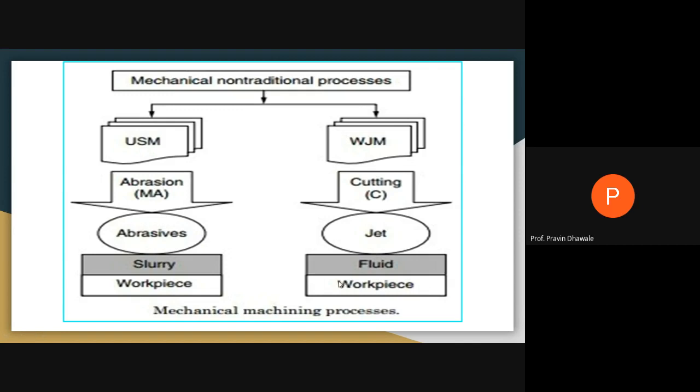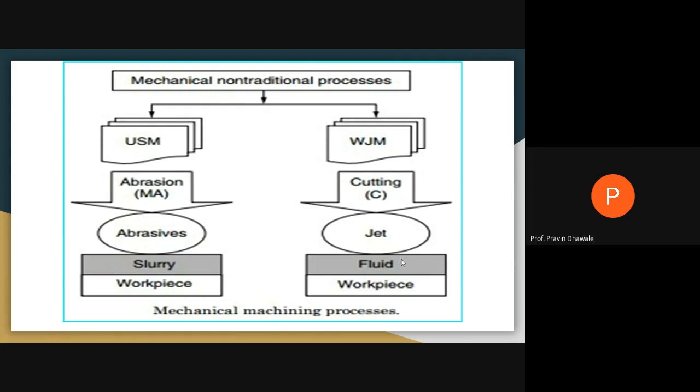To remove the material, we require a certain kind of cutting force, and that cutting force is obtained by using a high velocity water jet, which strikes the surface of the workpiece and removes the material.